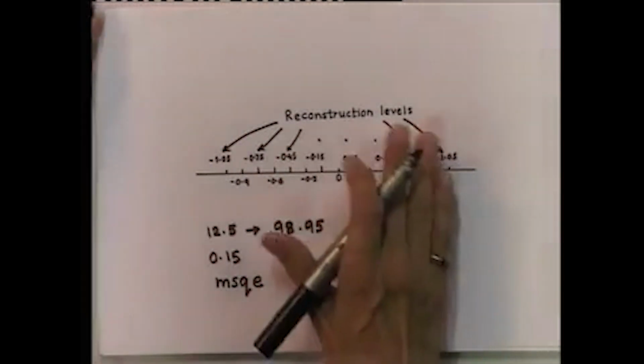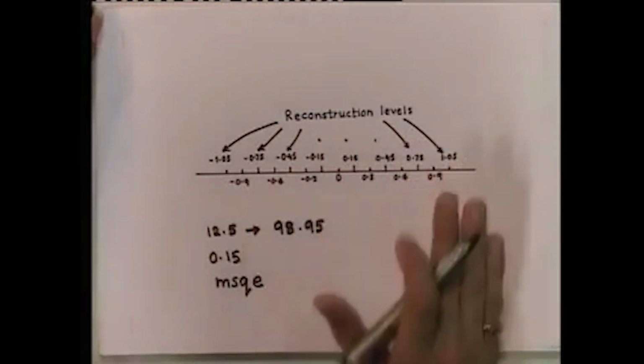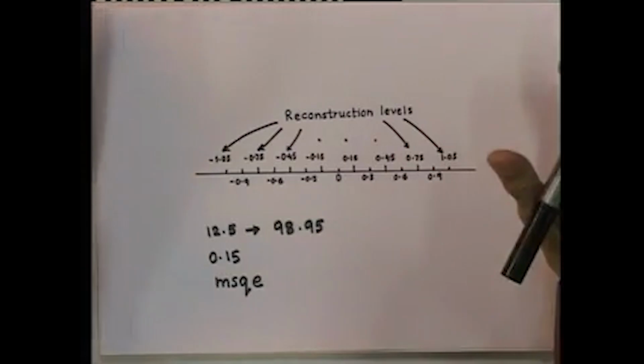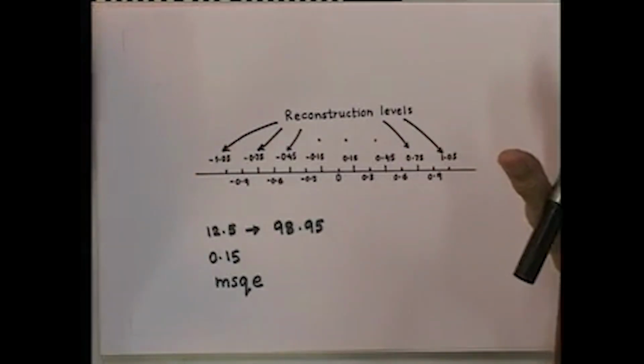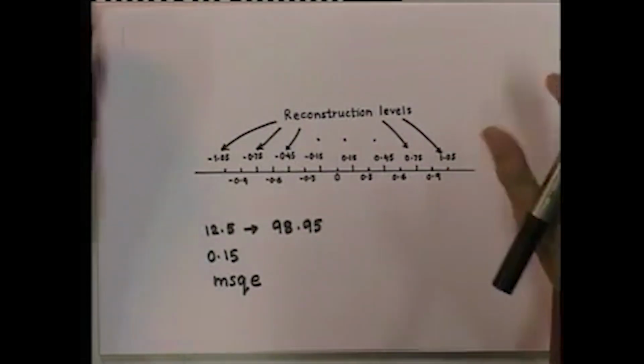So, the conclusion is that when the source PDF is not uniform, it is not a good idea to obtain the step size by simply dividing the input range by the required number of quantization levels. And this approach becomes totally impractical when we model our sources with probability density functions that are unbounded, such as Gaussian PDF.